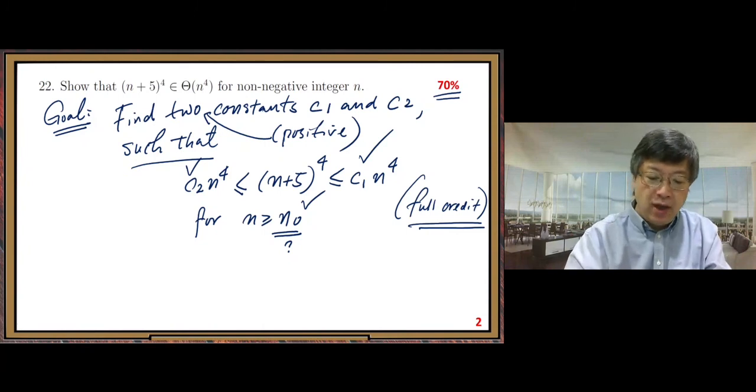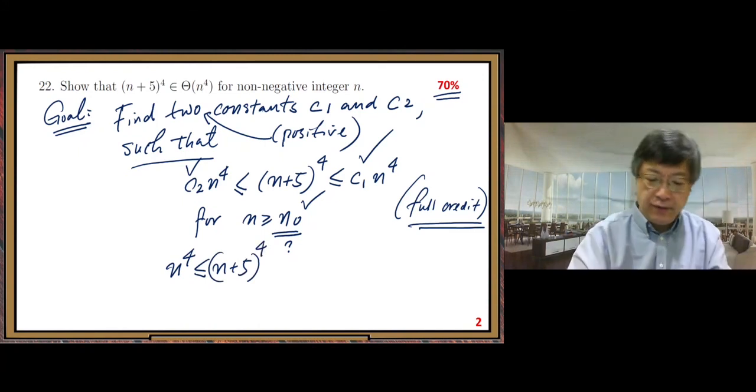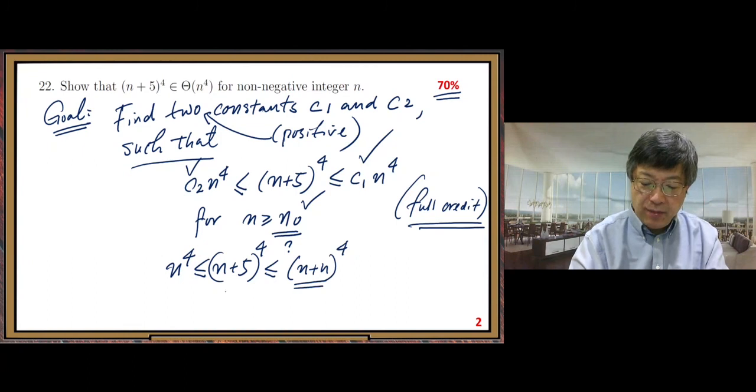C2, that's easy, because n to the fourth is less than or equal to (n plus 5) to the fourth. Then for this side, a simple way, use n plus n, for n greater than or equal to 5.